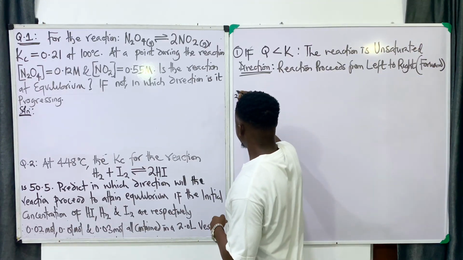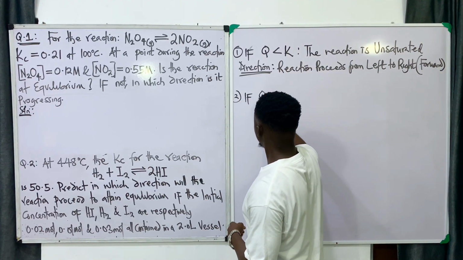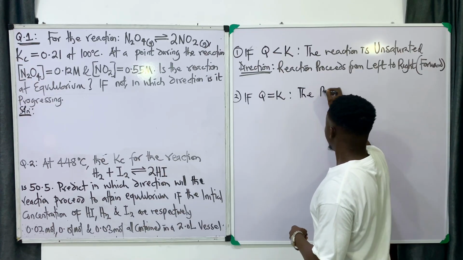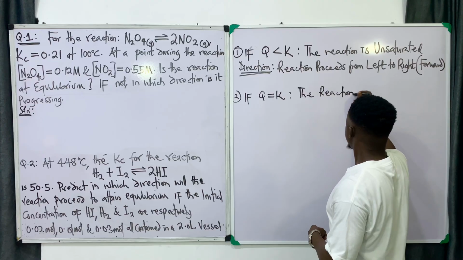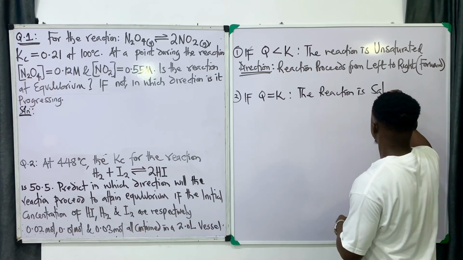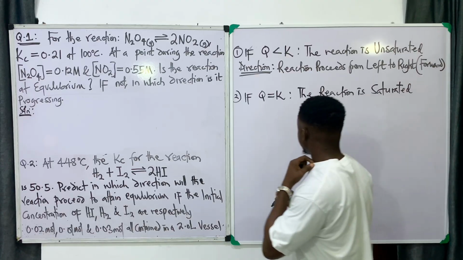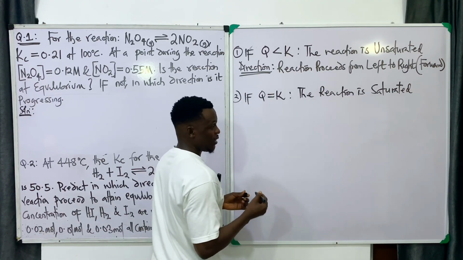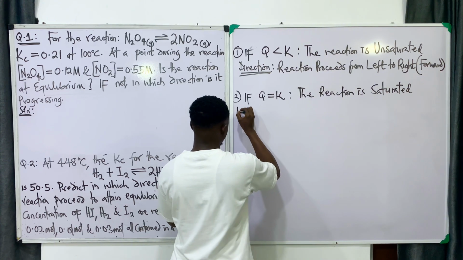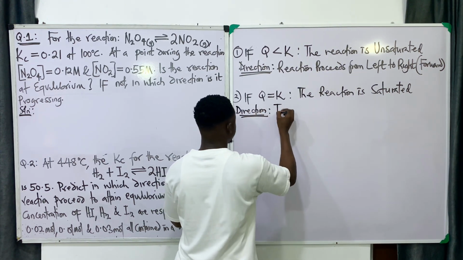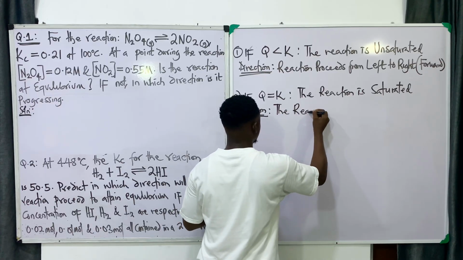So number two is if Q is equal to K, the reaction is saturated. So what is the direction of this reaction? The direction is that the reaction is at equilibrium.